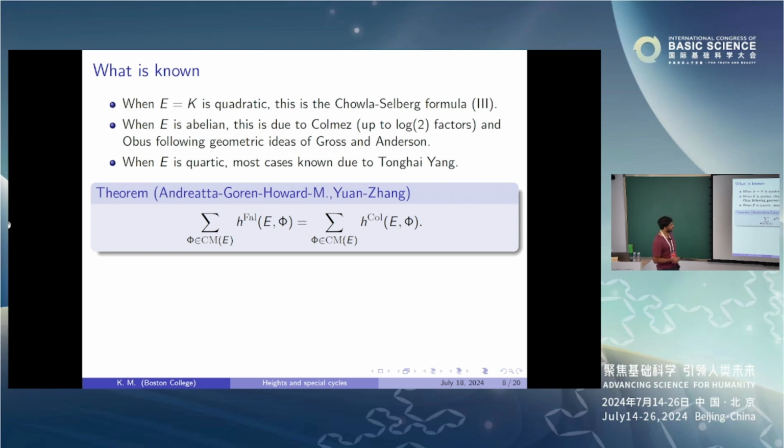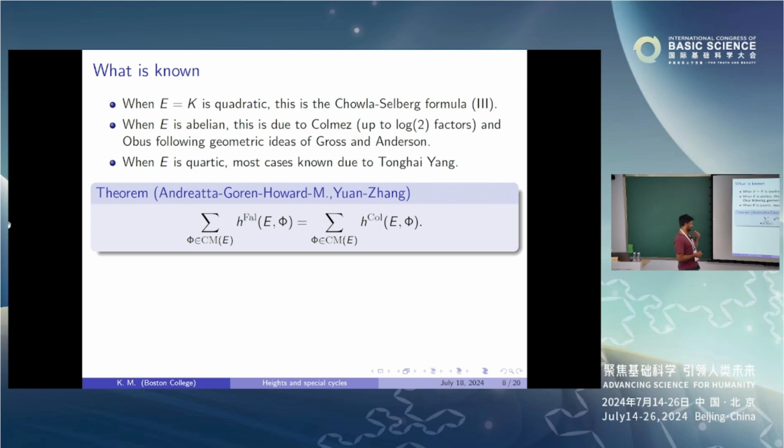So CM of E is all possible CM types for E. And so what you can do is you can take both sides of the conjecture and sum them up as you vary over all CM types. So for instance, if the Galois group of the normal closure of E acts transitively on the set of CM types, sometimes that can happen, then this is equivalent to the full conjecture.